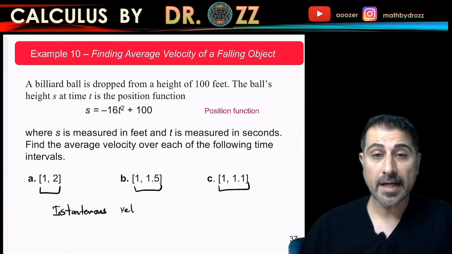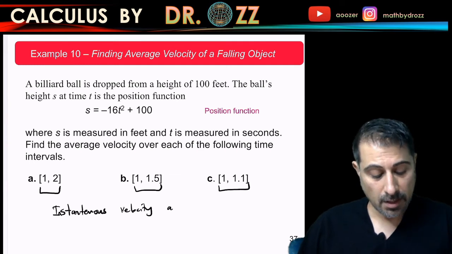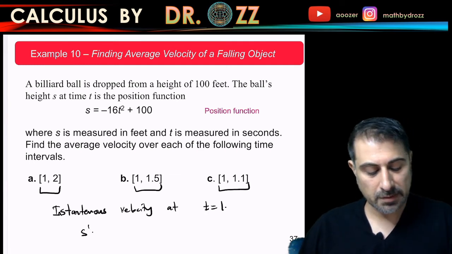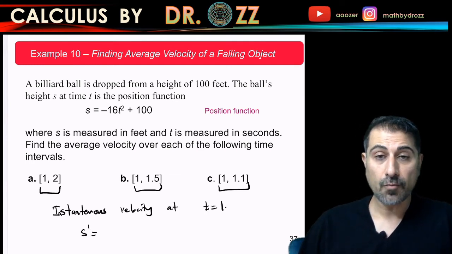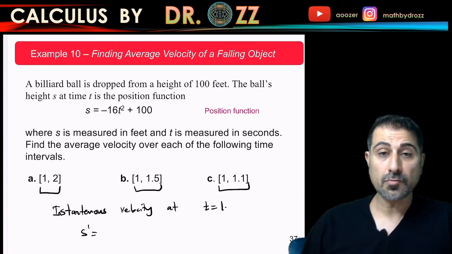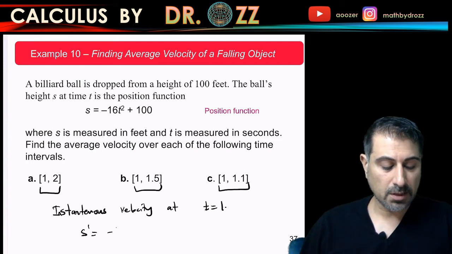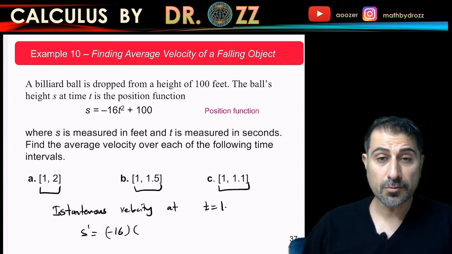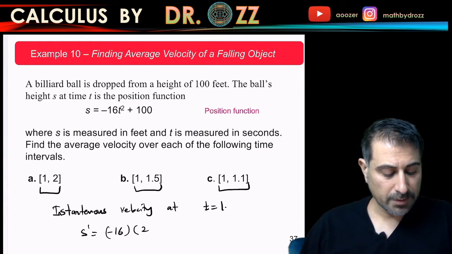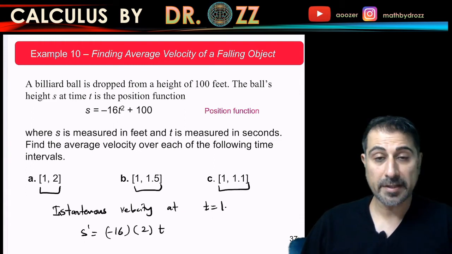We know how to find that because we just discussed it: the time derivative of this function, which we can find using the rules we developed in the first two videos. Negative 16 is a multiple, and I'm going to use the power rule for differentiation. Putting 2 down and subtracting 1 from the power of t squared makes it t.